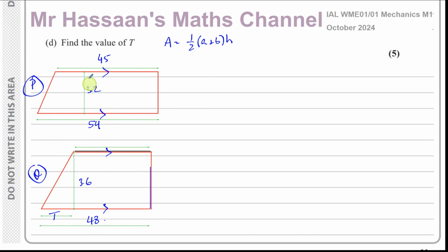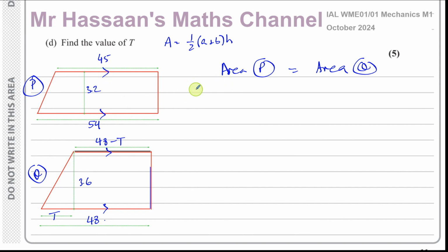Okay, let me put that neater. 48 minus t. So I know that the area for P is equal to the area of the trapezium for Q, because the distance traveled is the same.